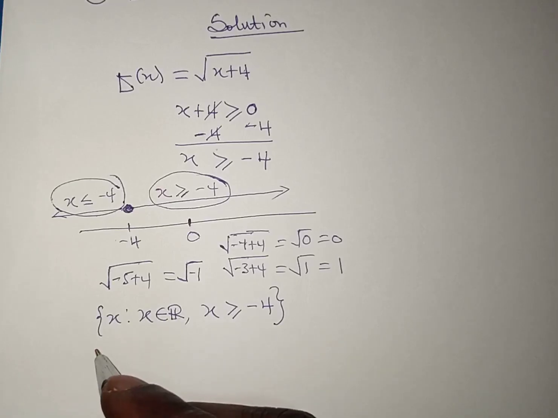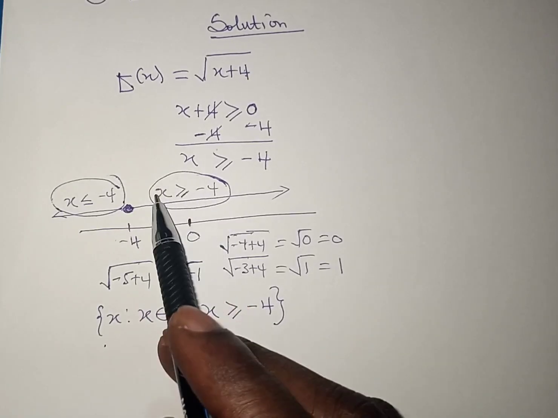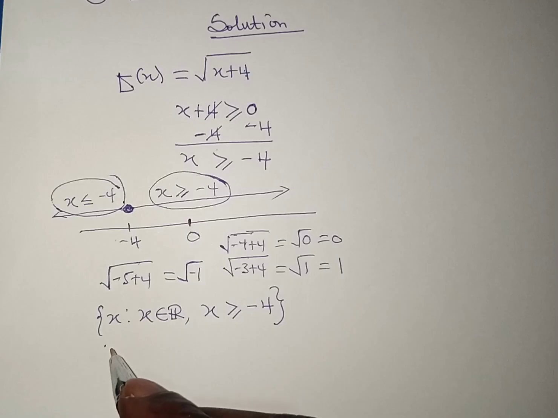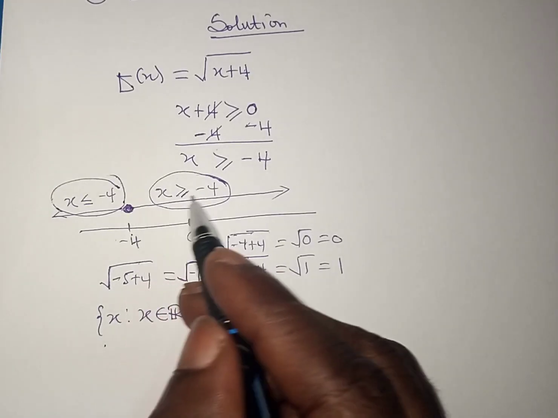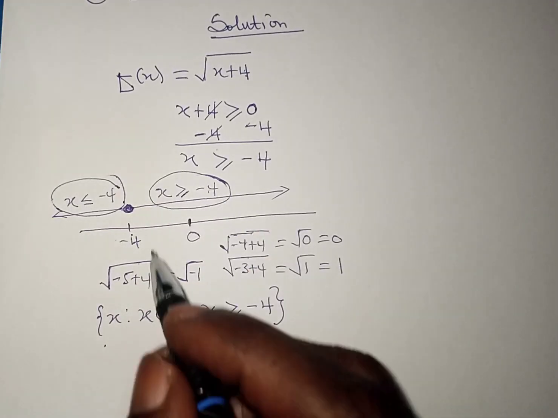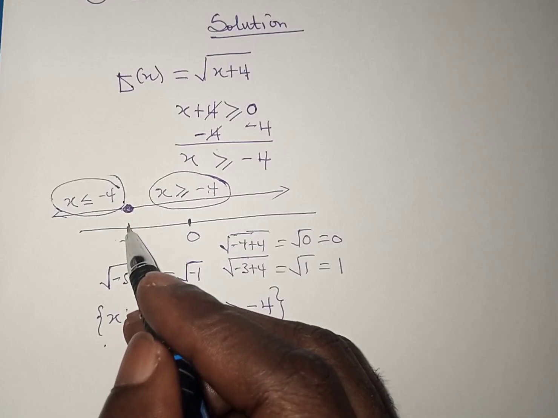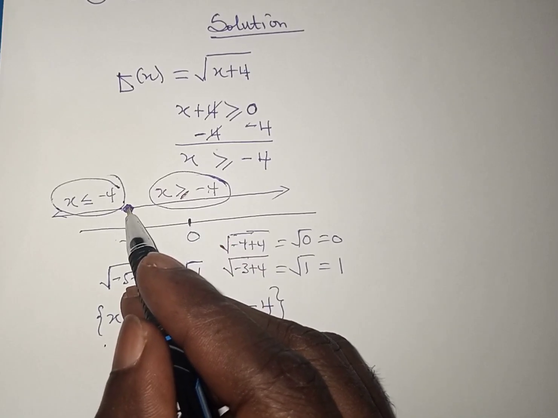So for the interval notation, since we are saying that this region only satisfies, then I can write, and it starts from -4. If -4 is inclusive, then it means that here is closed. Because of this equal to sign, it ends here.